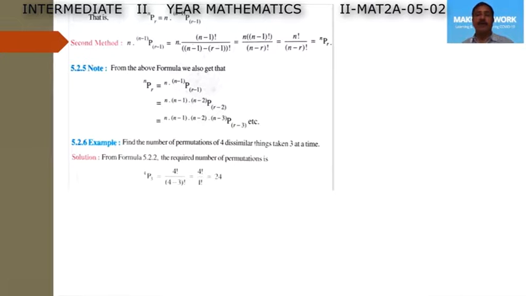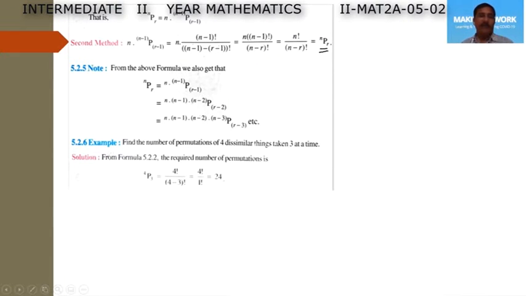Then we get (n−r)! in the denominator. And now this n × (n−1)! becomes what? n!. So n!/(n−r)! will be equal to nPr. Like this, I have just now explained this.